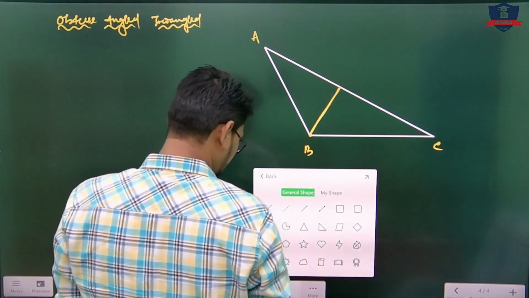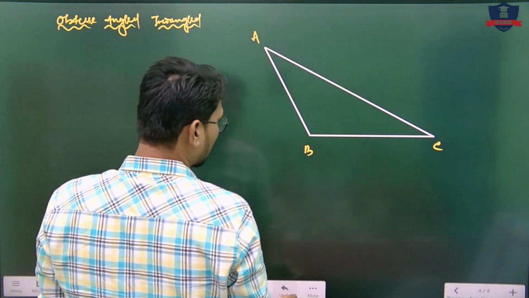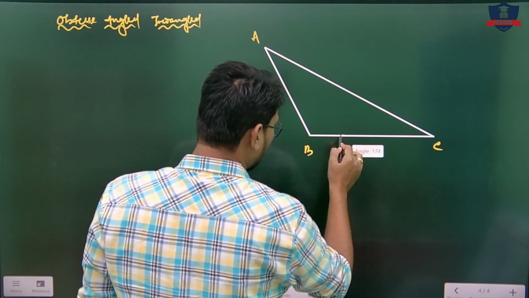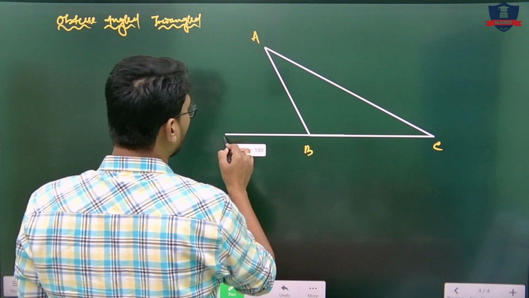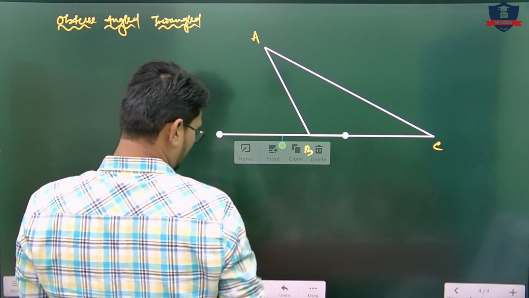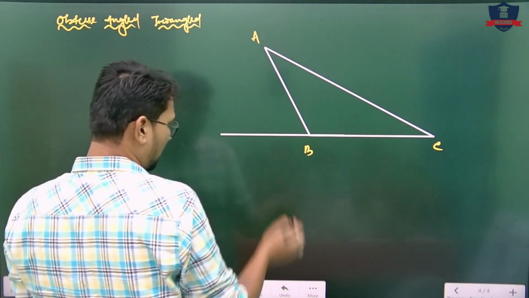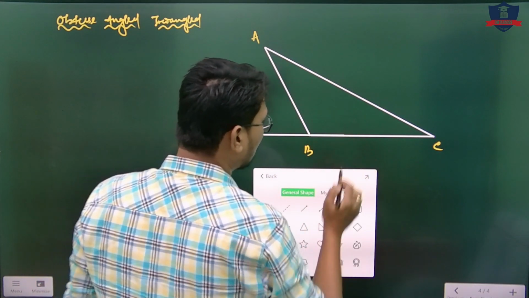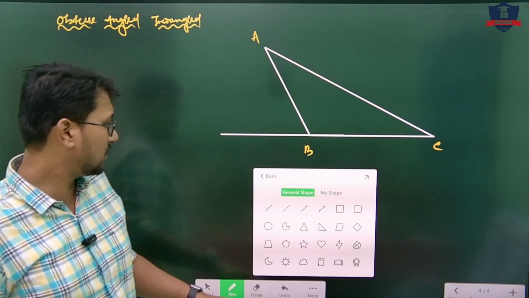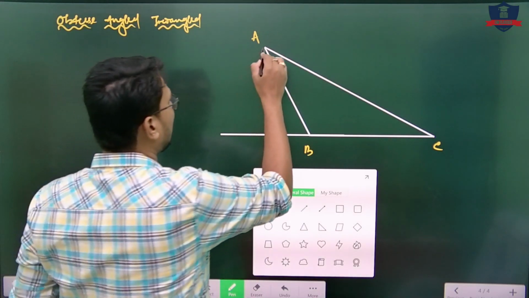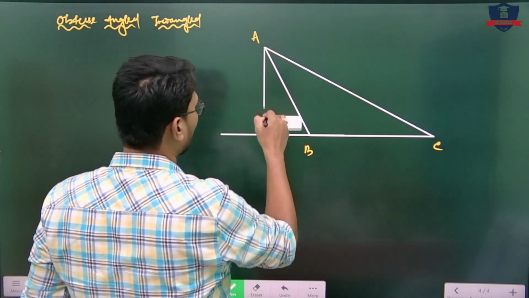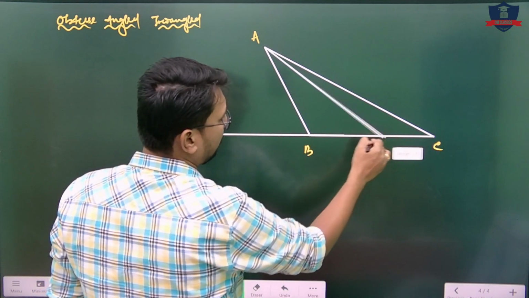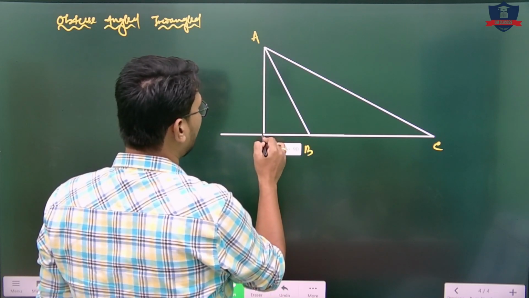See now. Let me produce this. Now check करो बच्चों, if we draw a perpendicular from A, do you think it will come inside BC? It will fall outside of BC.